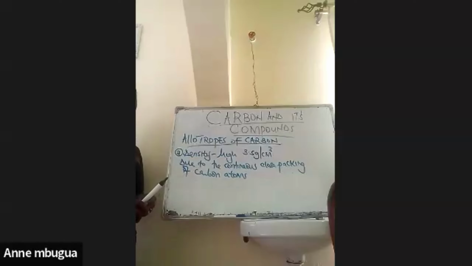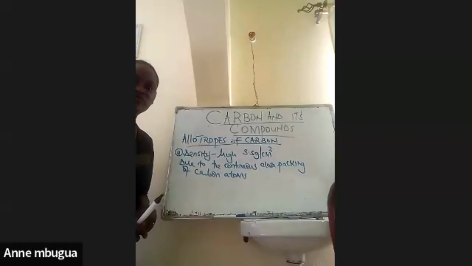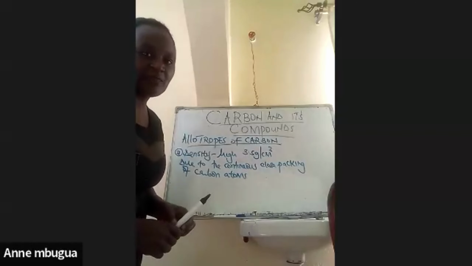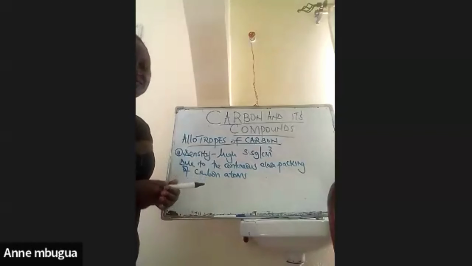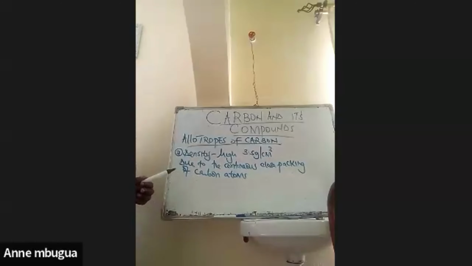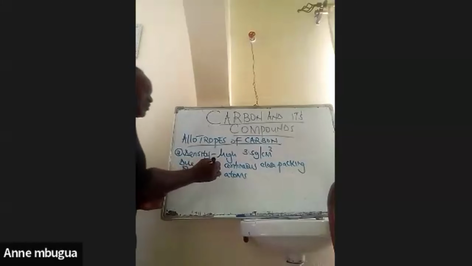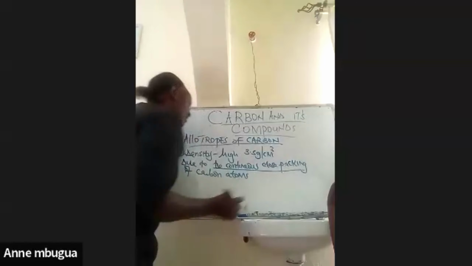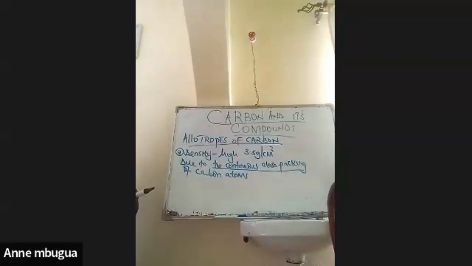So again, the examiner will ask you, explain why the density of diamond is very high in terms of structure and bonding. And that is the correct response. We mark the statement: the continuous close packing of carbon atoms.